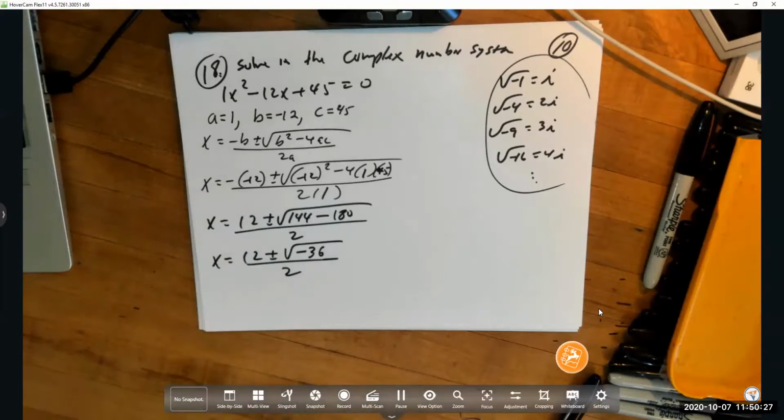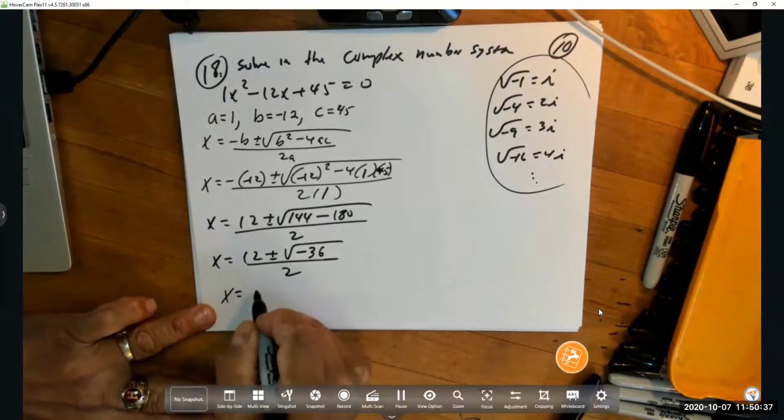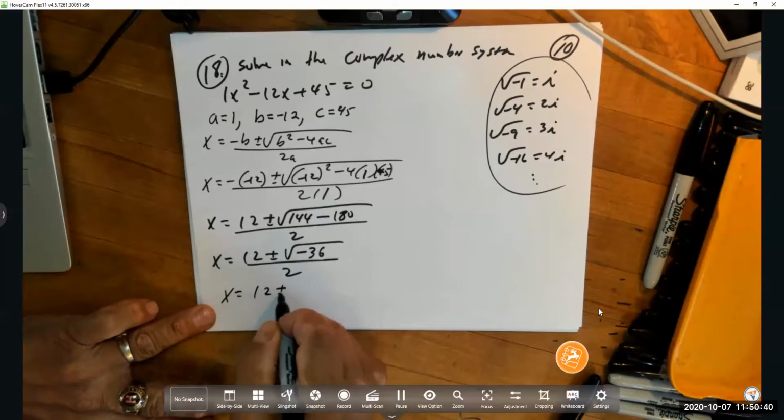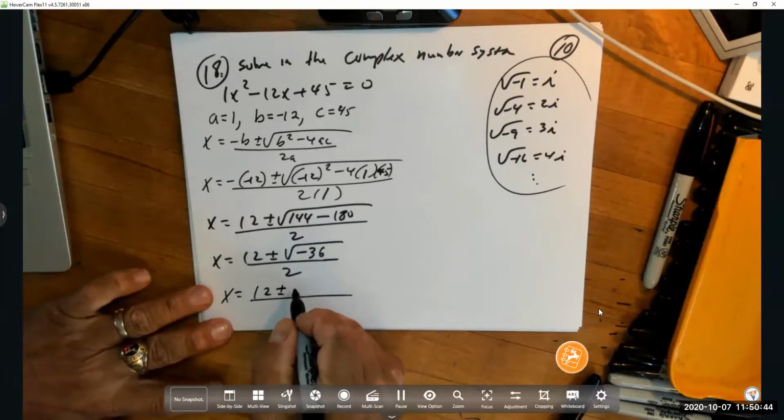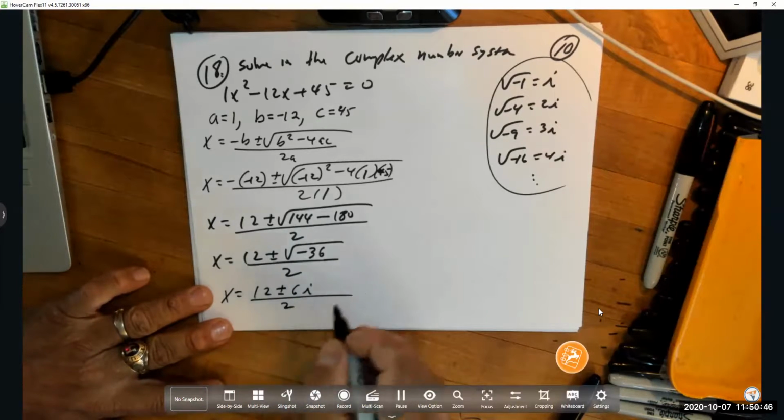All right. So now I have a negative 36. So you think the square root of a negative 36? You're going to get those complex answers, those i stuff. So this is going to be 12 plus or minus, what's the square root of negative 36? 6i. 6i over 2.